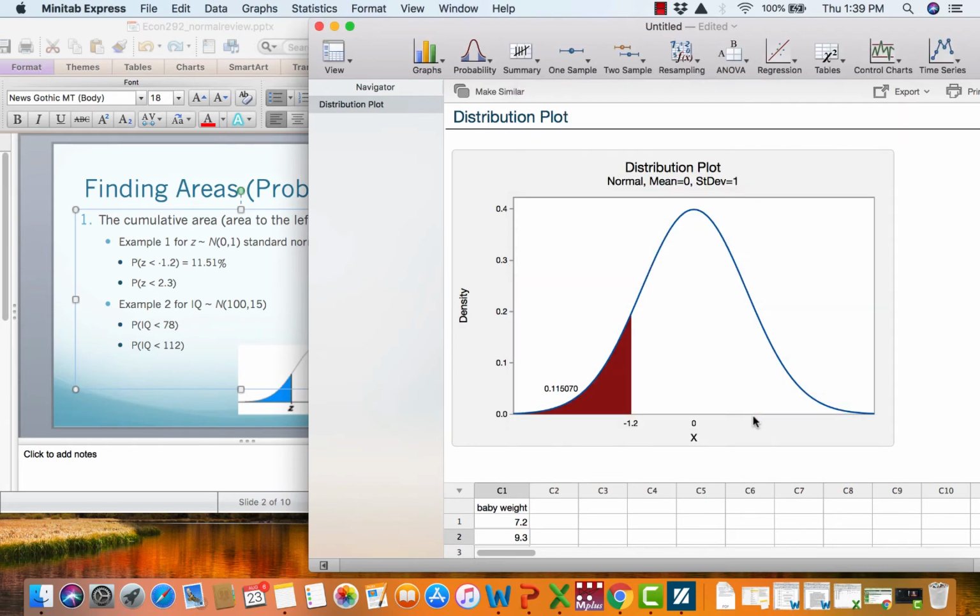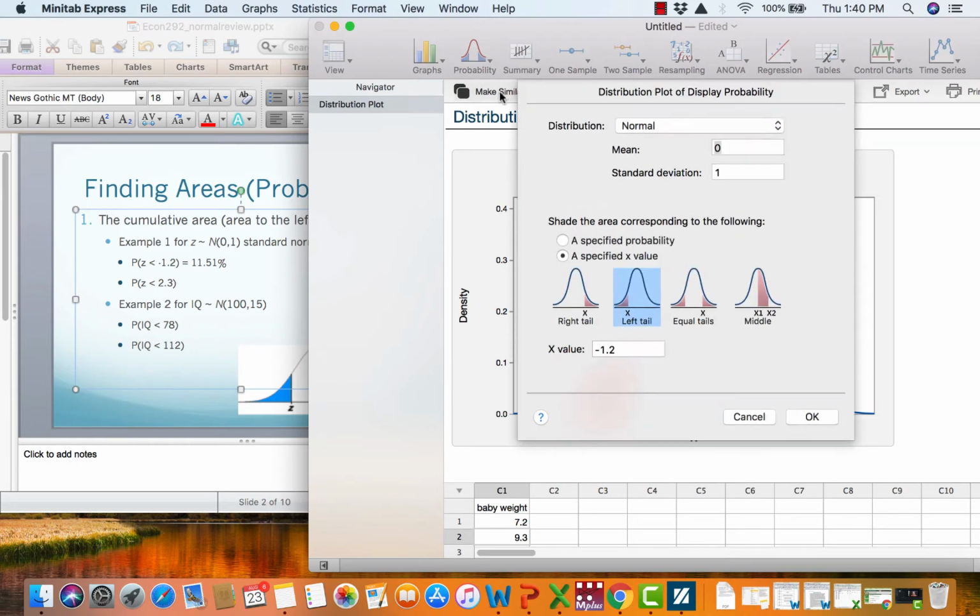But one of the things I recommend is use a shortcut when available, and that is if your mean and standard deviation aren't changing, meaning everything stays the same here, we're just changing the given z-score from negative 1.2 to 2.3, what we can do is click on Make Similar right here at the top of our window.